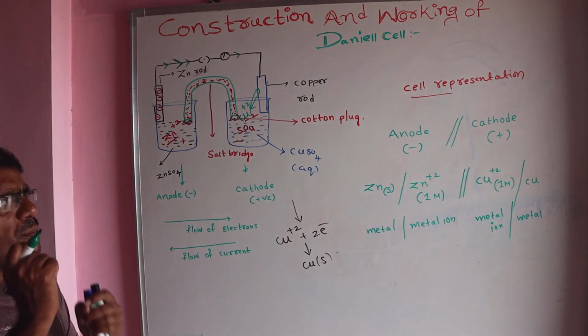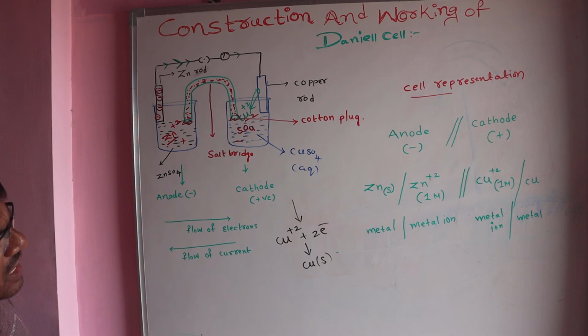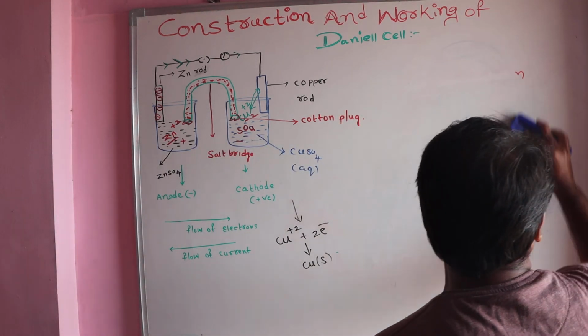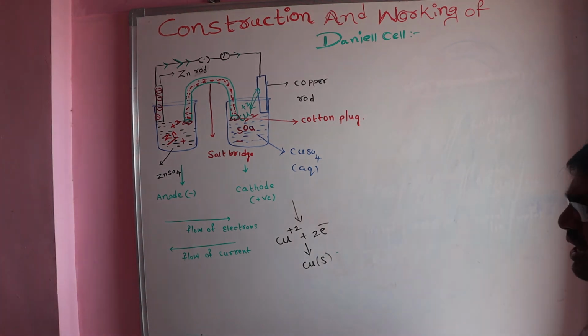Suppose they give one more cell in the examination as a cell representation, then how do we write its overall reaction? Let us see one example for that purpose.